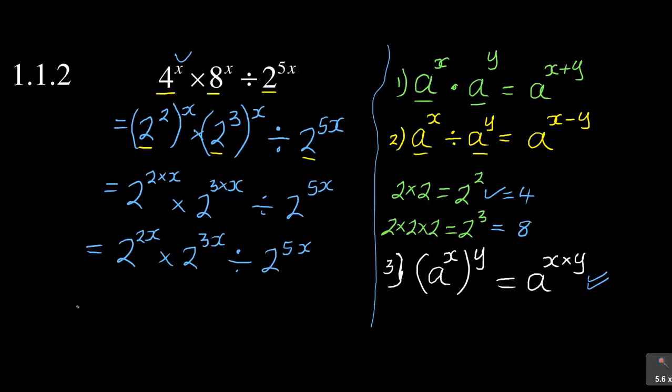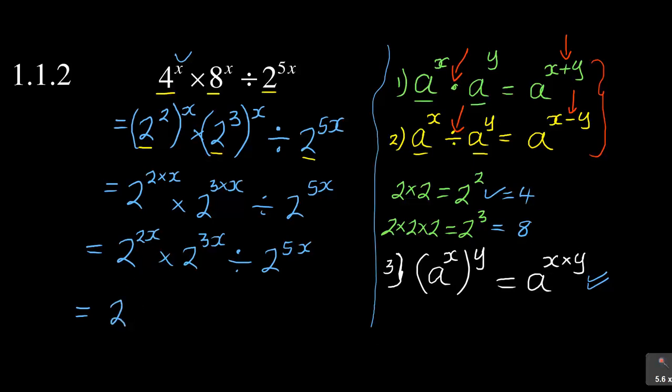Now you can go to the final answer using our 2 rules. Now remember, when there is a multiplication sign, you add the exponents, and when there is a division sign, you subtract the exponents. So that's what I'm going to apply. So it will be 2 to the power.